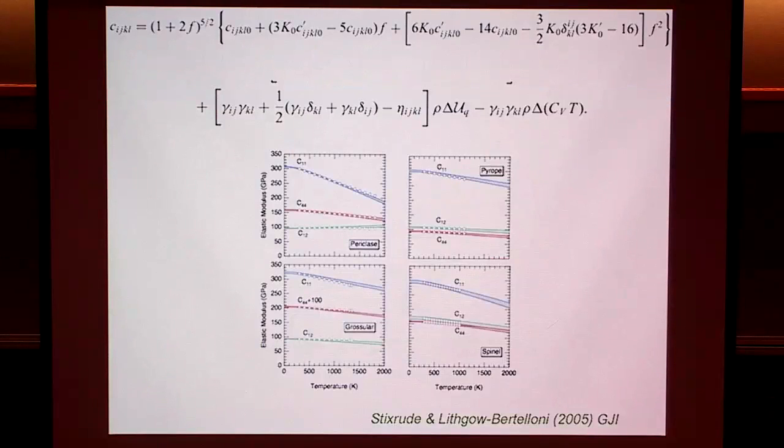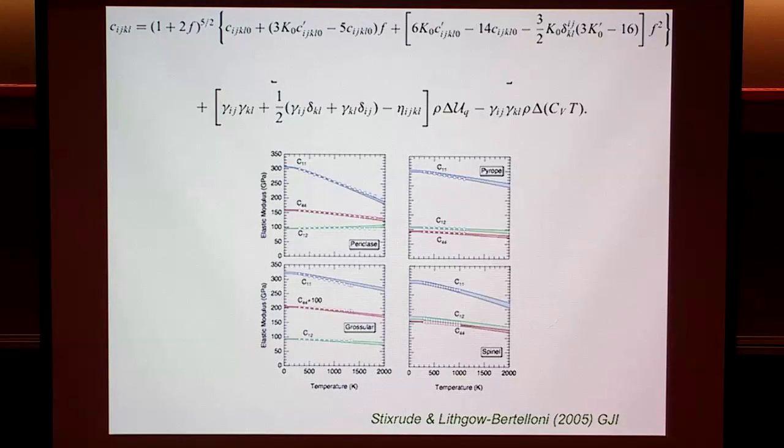Temperature dependence of the elastic constants. This again comes straight from the assumptions I've told you about already. Expand the Helmholtz free energy as a Taylor series now in the elements of the finite strain tensor, the full tensor, right? Expand the characteristic vibrational frequency as a Taylor series in the isotropic part of that.